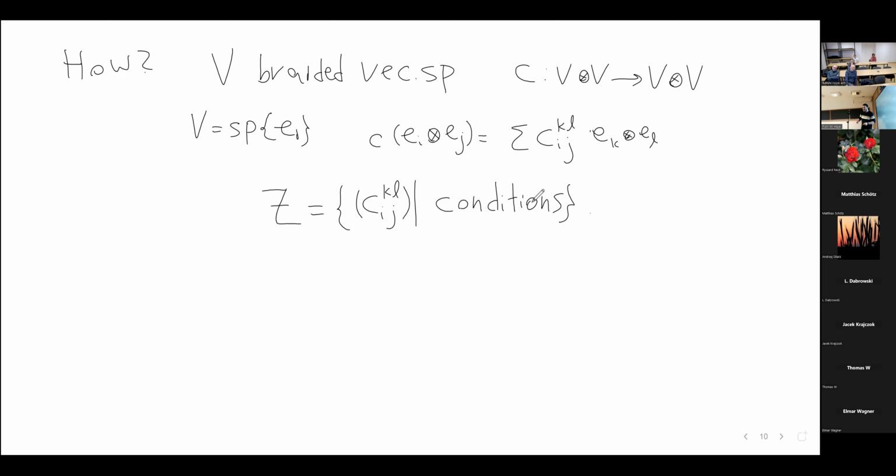Almost. There is an issue that the particular numbers that I got, these c_ij^kl, depend on the particular choice of basis that I made. So what happens here is that I have an action of GL_n given by a choice of basis, and the different orbits correspond to different isomorphism types of braidings. So orbits is going to be the same as isomorphism types.